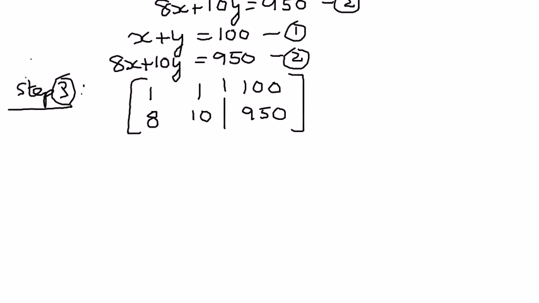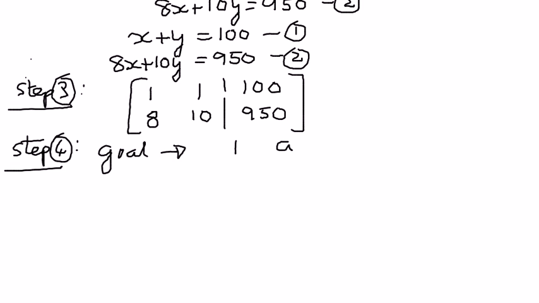Our goal, let me write this as step number 4, is to obtain an augmented matrix by using row operations and then write it out in this manner: 1, a, b, 0, 1, c.